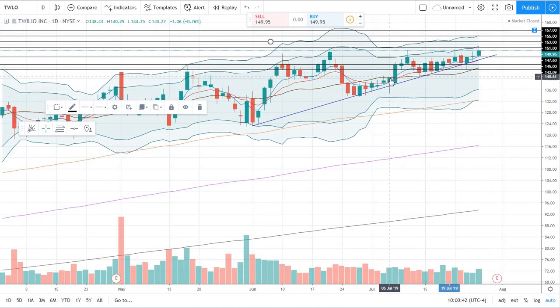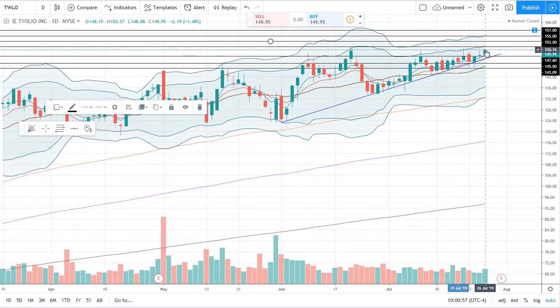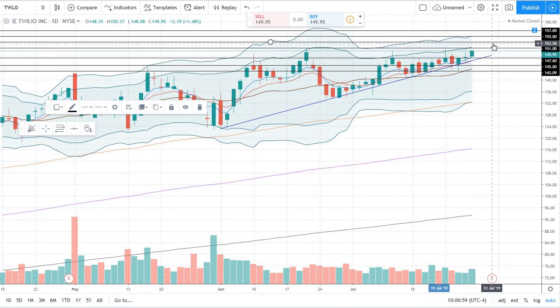Again, these are a little bit more high risk, because when you're catching a moving average cross or a stochastic cross, there's a lot more room to the upside. Whereas here we're pretty close to the Bollinger Bands, so your upside is not as much, there's less probability of it getting there in a short period of time, is what I'm trying to say.